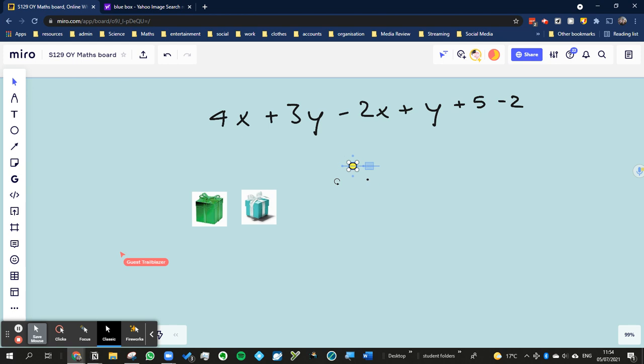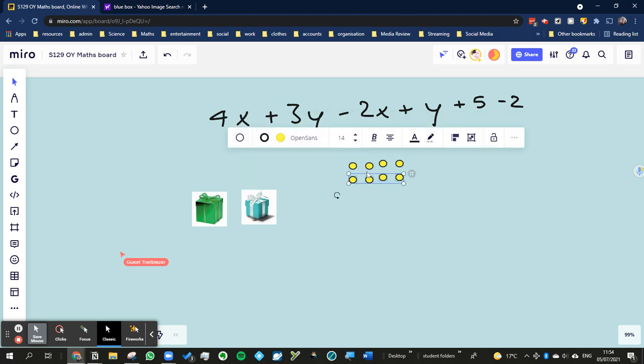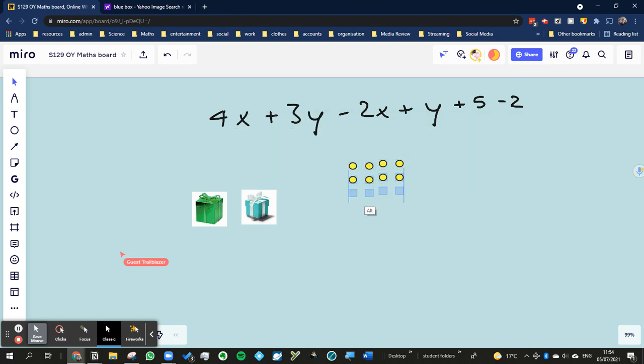So let's make a few of those. So that would mean 4, that would mean 8, and that would mean 12, and so on, right? So if you saw the number 12, it can be represented by 12 of these little yellow circles.